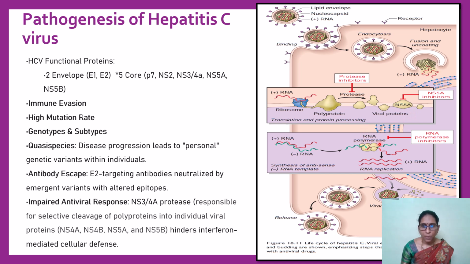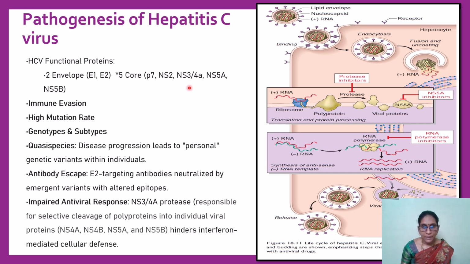The RNA polymerase is an enzyme which helps in the RNA replication. So the drugs would be targeted against these steps in order to prevent the viral replication. And once the viral particles are assembled, it is released out of the cell.